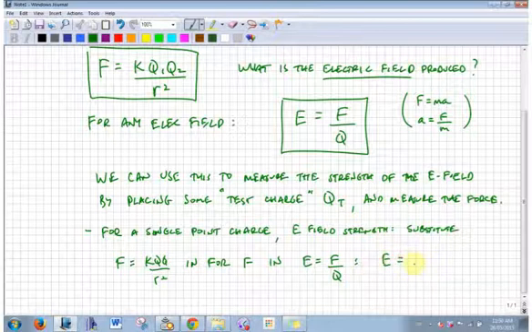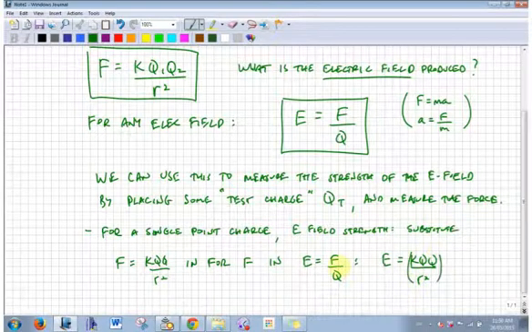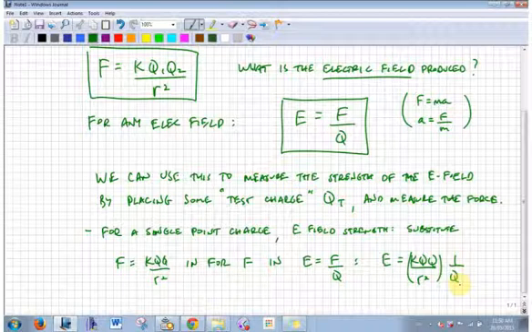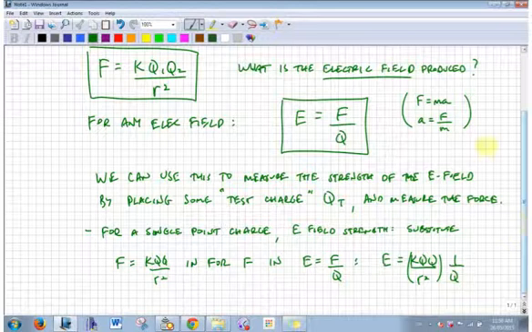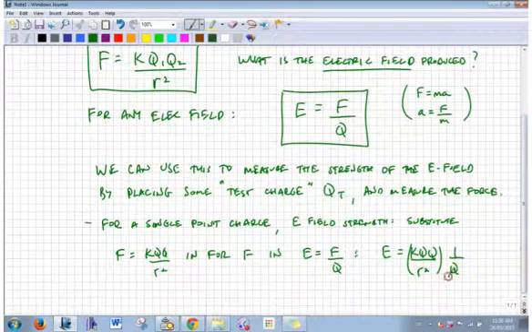E is F, K Q Q over R squared, and then I got 1 over Q, and one of those Q's is Q1, the other one's Q2, so this guy is going to be one of the two. Okay, and what happens? Well, one of the Q's cancels out.